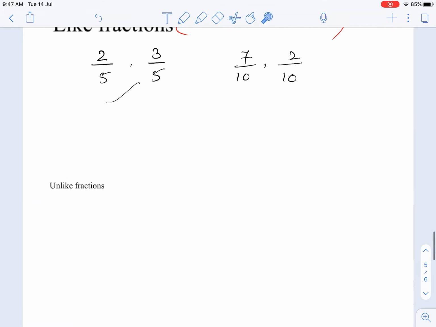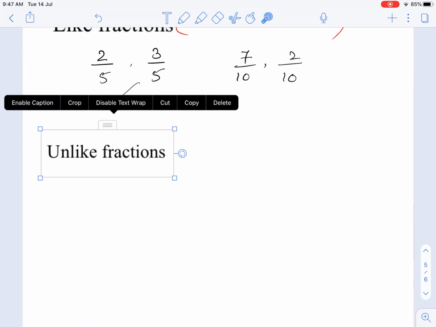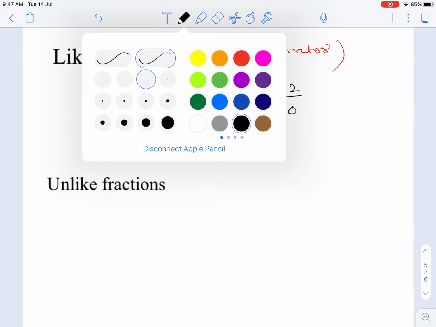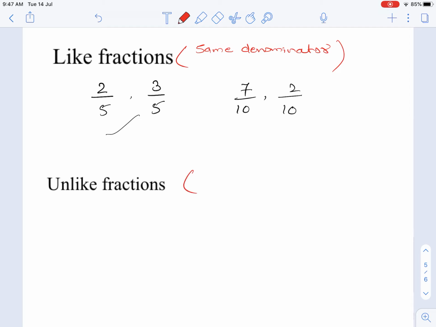Now our last topic for today is unlike fraction. If like means same denominator, then unlike means different denominator. What is the definition of an unlike fraction? These are fractions which have different denominators.